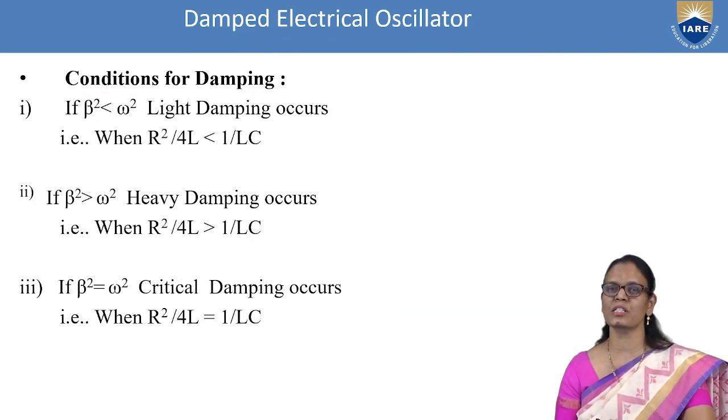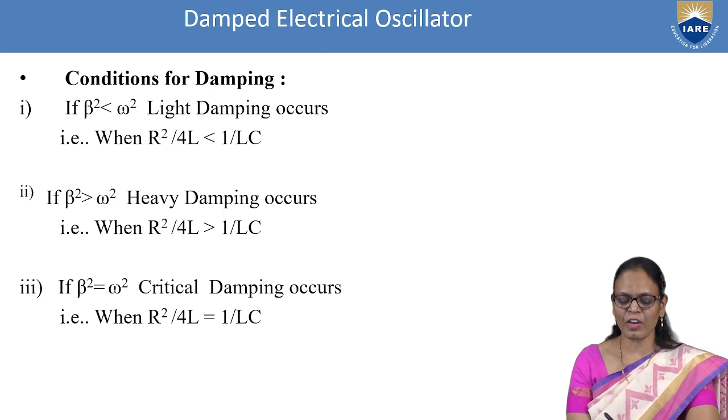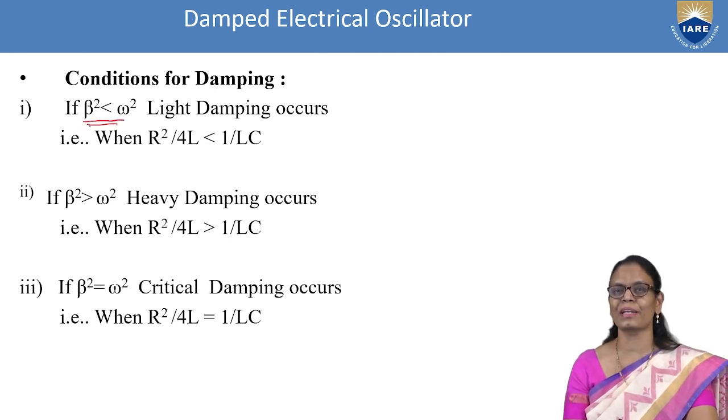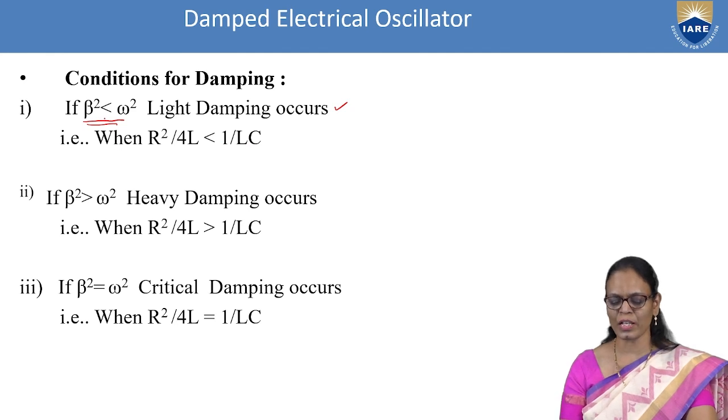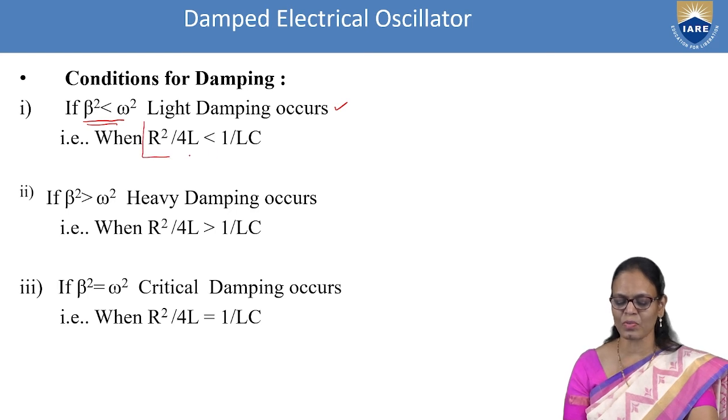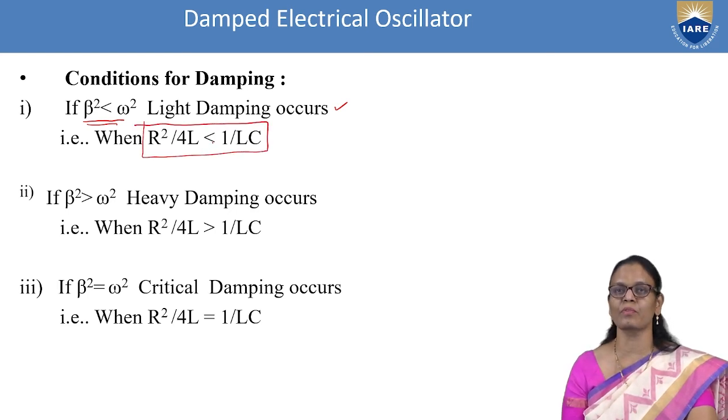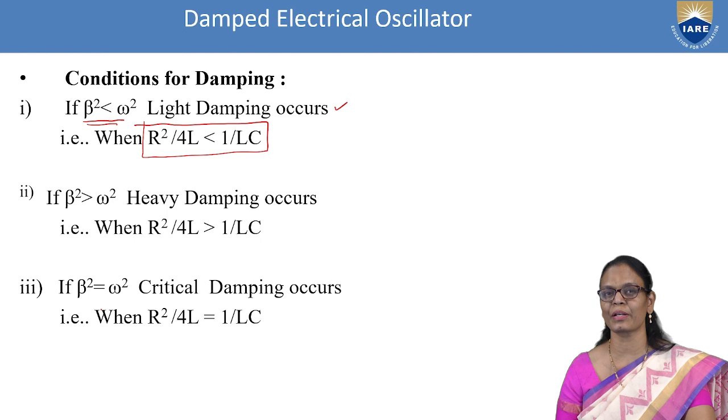Now what are the conditions for damping here? If beta square is less than omega square, we have light damping. Omega square is 1 by LC and beta square is R square by 4L squared. So if R square by 4L square is less than 1 by LC, there is light damping.